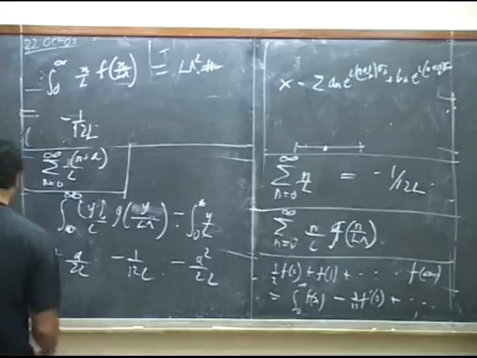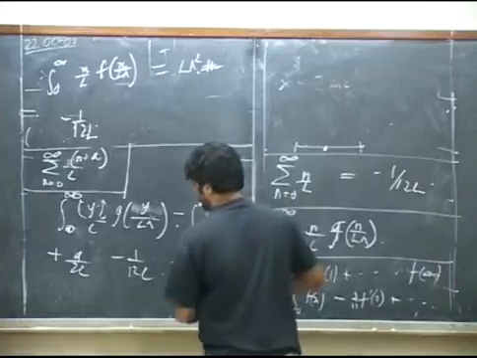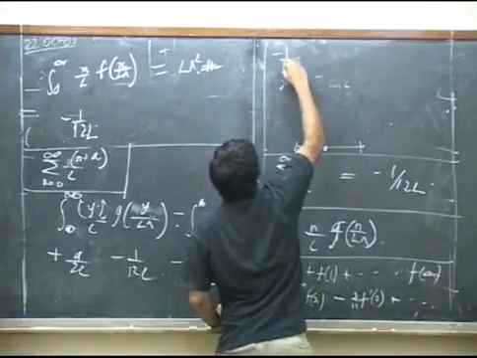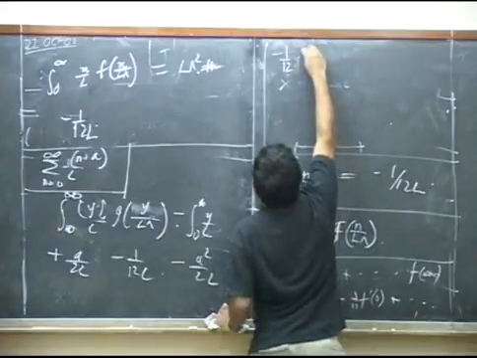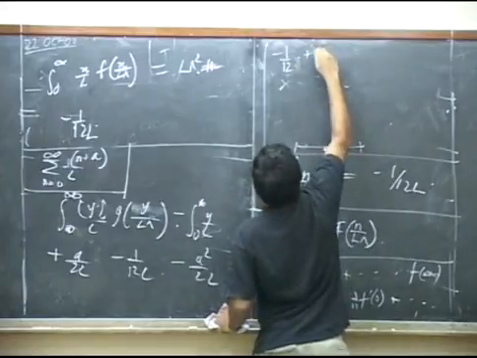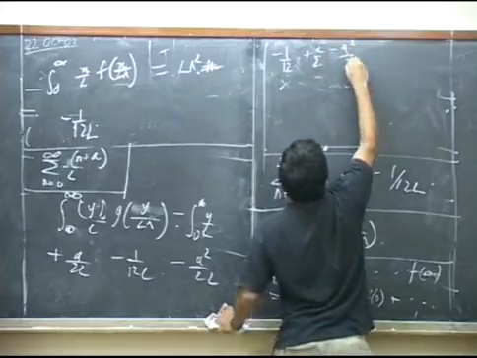So the answer for this 0 point sign is what? It's minus 1 by 12. Now I'm dropping the L's. Everything is proportional to 1 by L. Okay, minus 1 by 12 plus a by 2 minus a squared.